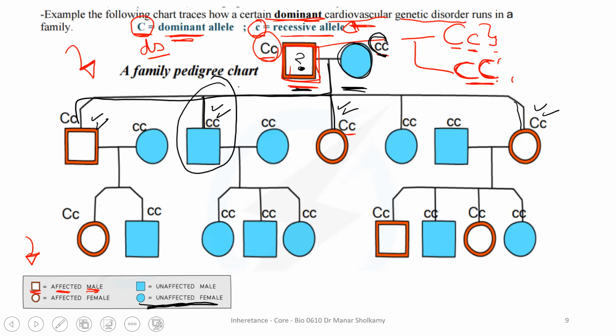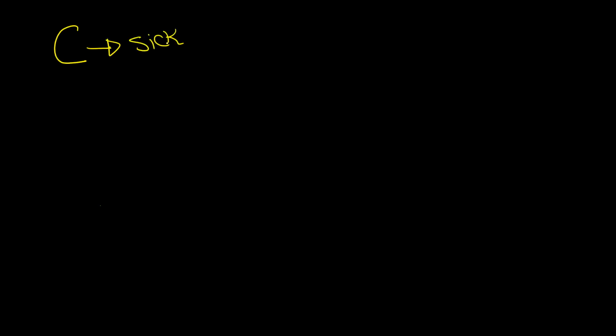Let's slow down a little bit because some students are new. Okay, again, the example that we have, C capital codes for a certain sickness in the heart that will cause a certain cardiovascular disease, coronary heart disease, okay?